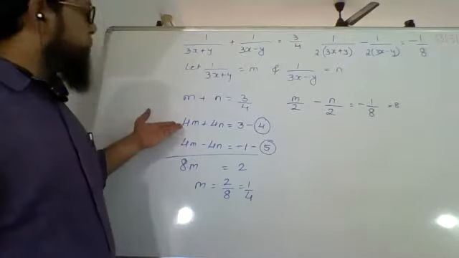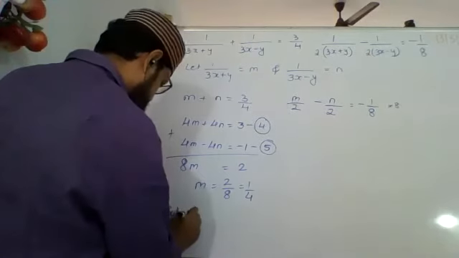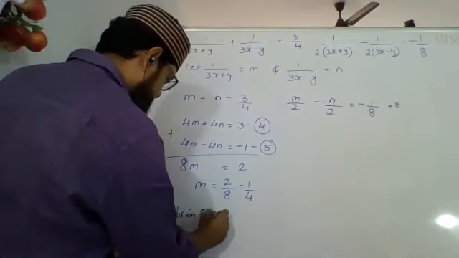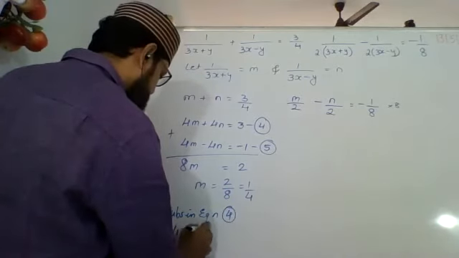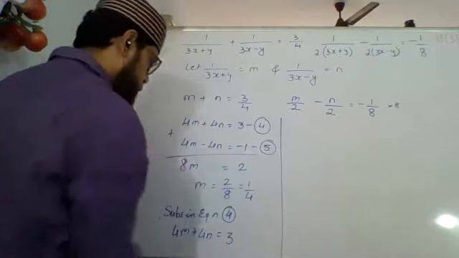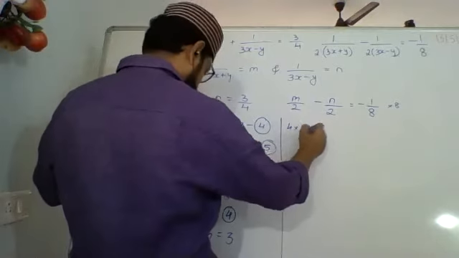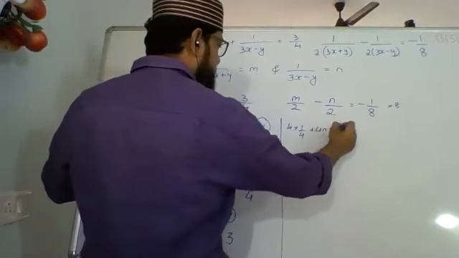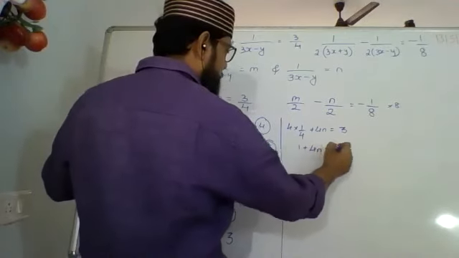Substitute m equals 1 upon 4 in the fourth equation, which is 4m plus 4n equals 3. M is 1 upon 4. So 4 into 1 upon 4 plus 4n equals, 4 will cancel, 1 plus 4n equals 3.